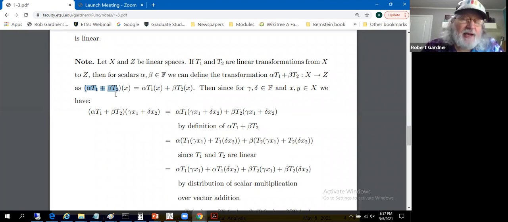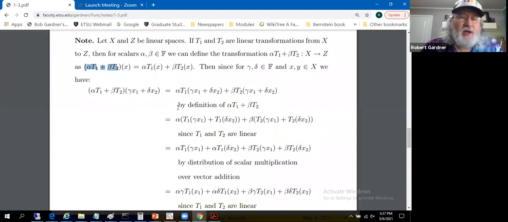We want to show the highlighted thing of a linear combination is a linear combination of the highlighted things. That's how we show the highlighted thing is linear, definition of linear. It's a little muddled up because we've got linear combinations of linear transformations and linear combinations of vectors.